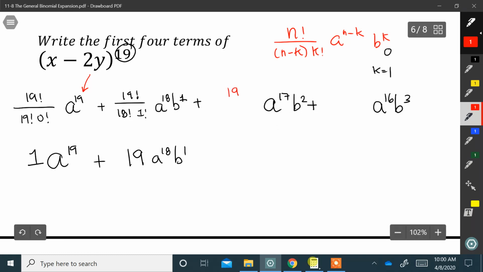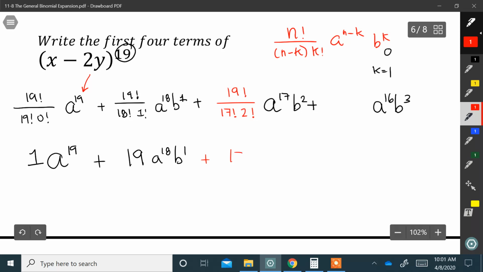We have 19 factorial over, and this is going to be decreasing now, 17 factorial, and then this is going to go up, 2 factorial. So we could do that on the calculator. I know that the 17 factorial is eventually going to cancel. I'm going to multiply 19 times 18 divided by 2.